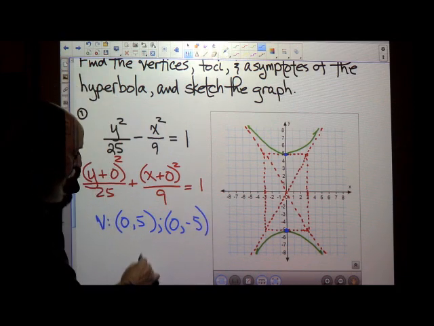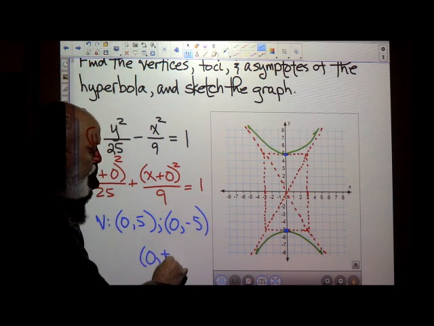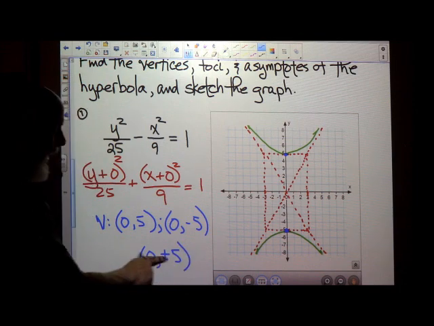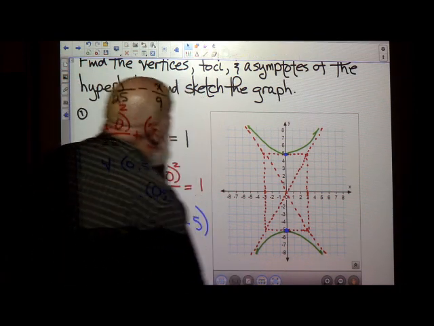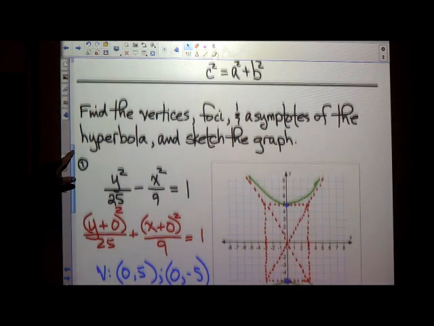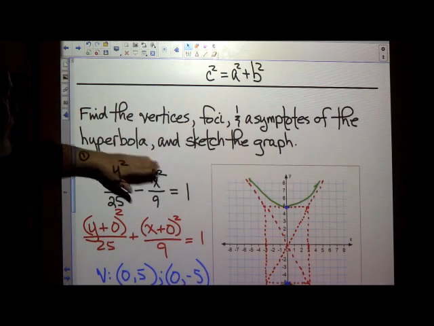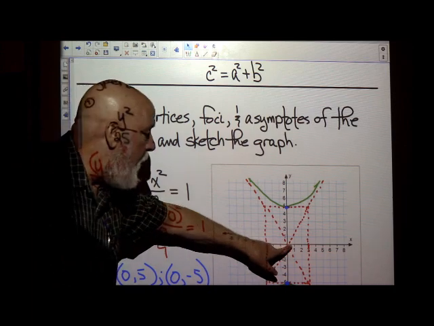And again, you could think of that as over 0, up and down 5. That's another way of writing it. I don't usually write it that way, but you might see it that way. Okay, so that's graphing a hyperbola that has a center at the origin.